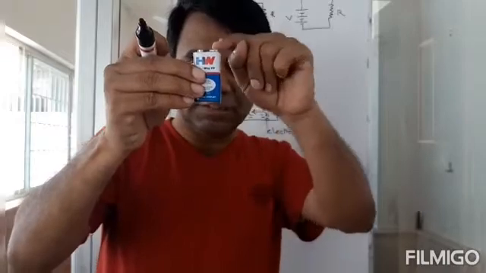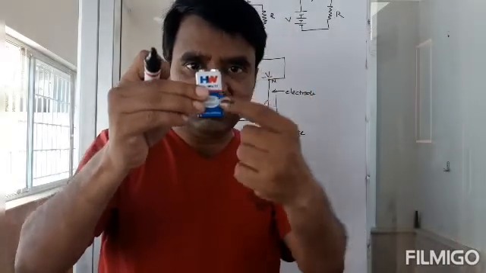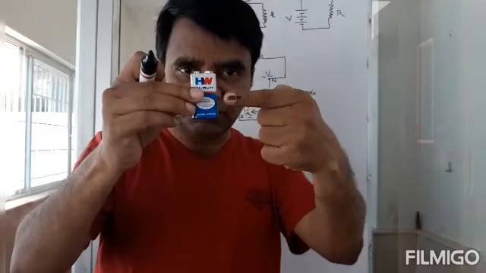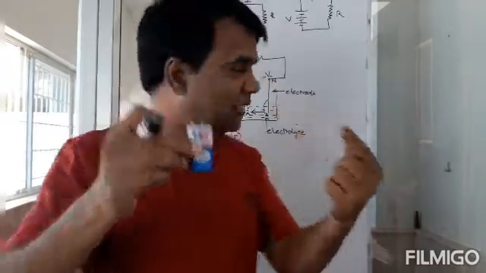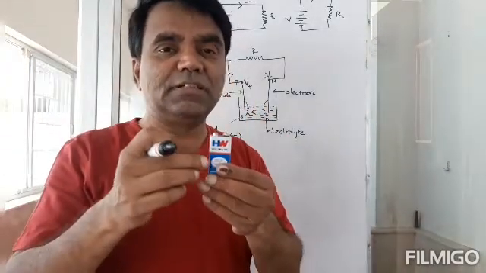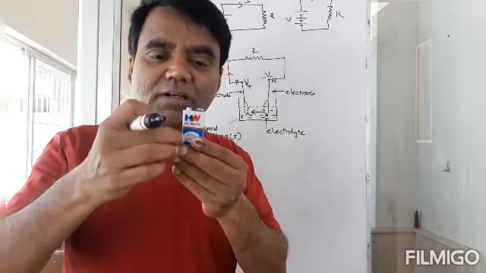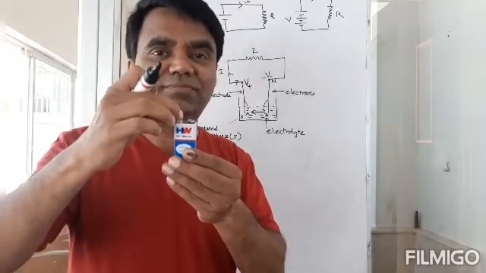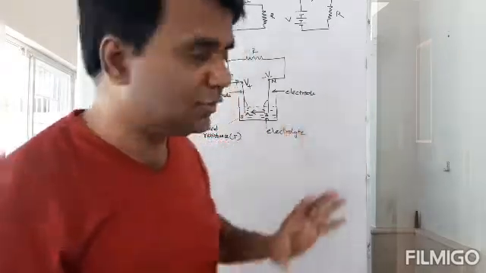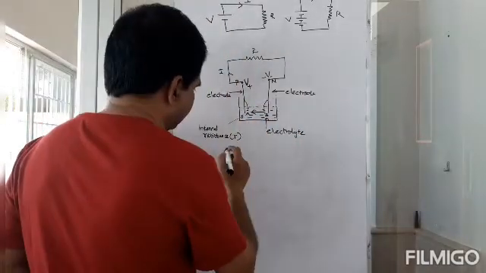You see, there would be a potential difference between this and this, the electrolyte, and then there will be a potential drop between A and B, correct? And then there would be a potential difference again between B and this one, correct? So we are going to take that now.